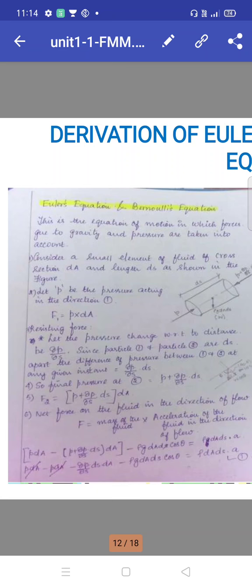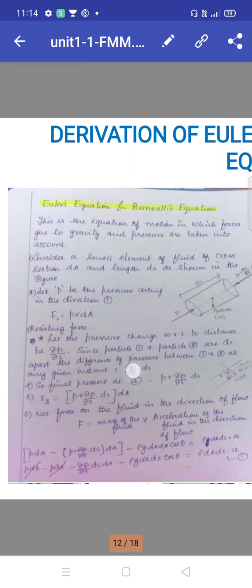So the force at 2 is pressure plus dou P by dou S into ds, into dA. It replaces the pressure force on the fluid in the direction of flow. So F is equal to mass of fluid into acceleration of fluid.